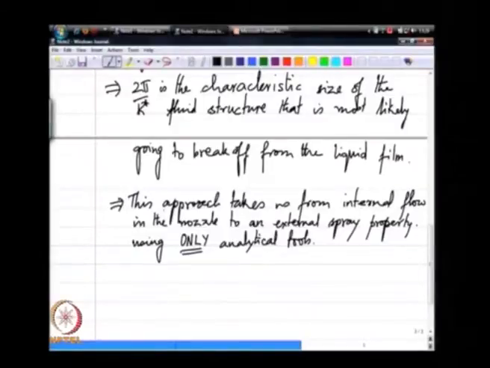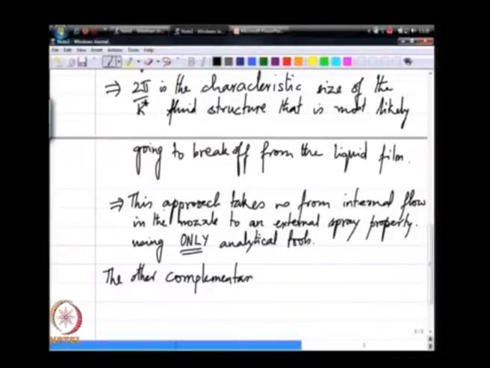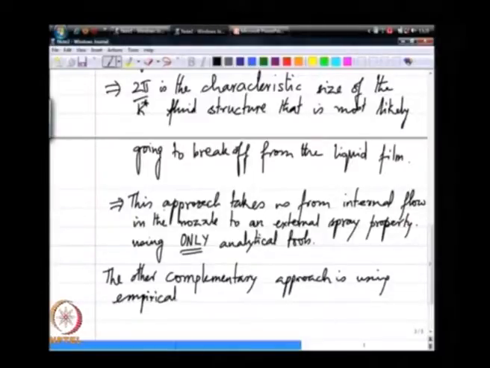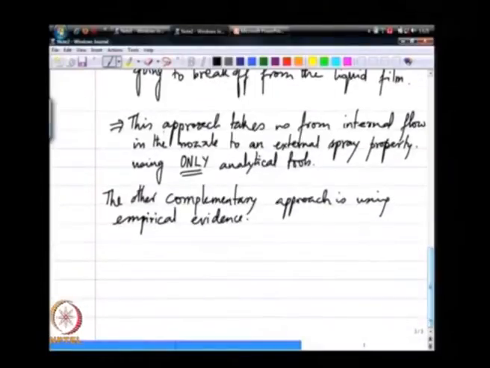Okay. The other complementary approach is using empirical evidence. So, what do I do in this approach?